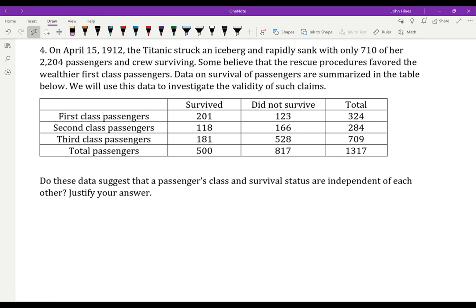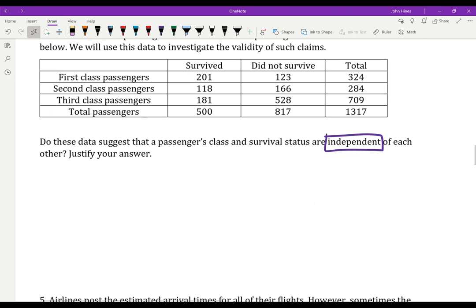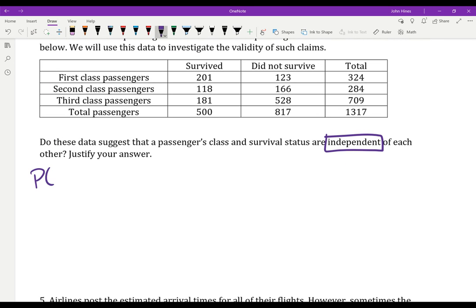Do these data suggest that a passenger's class and survival status are independent of each other? So if I want to test for independence, I find two probabilities, and you have some freedom here. Let's look at the probability that someone survived. How many people survived?